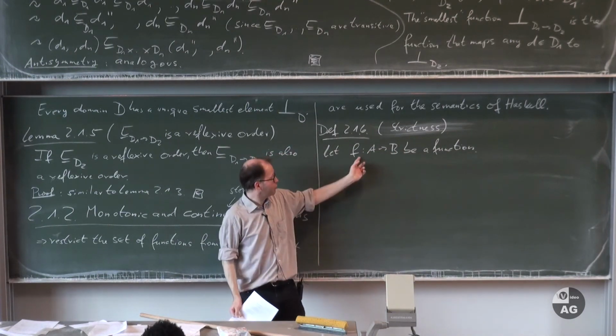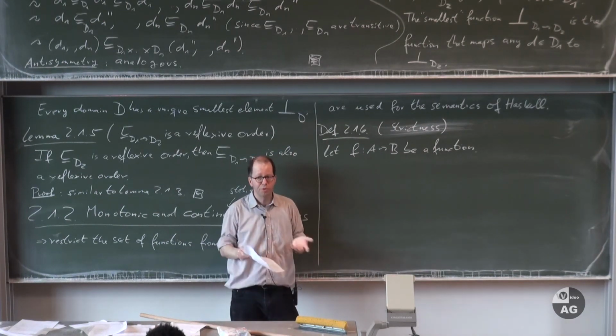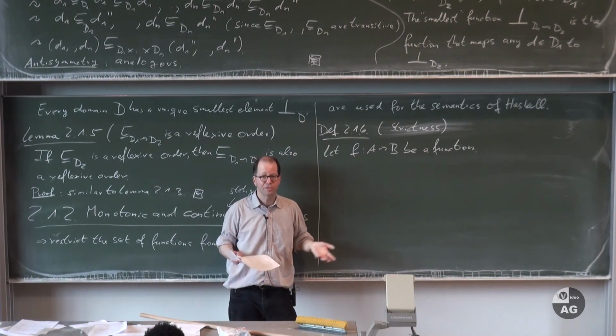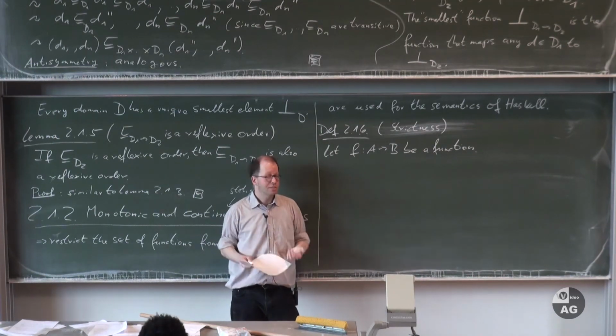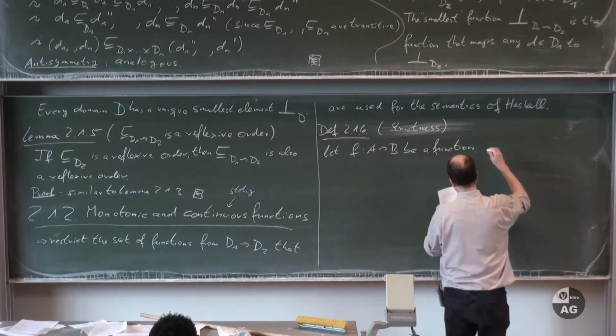And then the question is, how could we extend this function so that it also operates on bottom? Because if we want to define the semantics, then we also have to say what happens if the function is applied to something that is undefined.